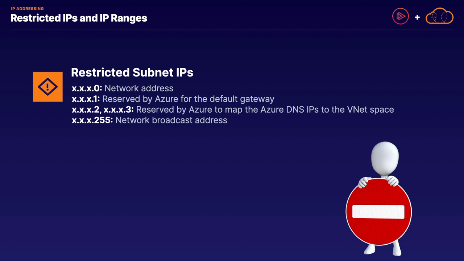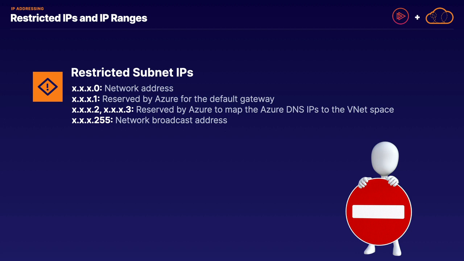For example, in a /24 subnet range, the .0 address is reserved for the network address, .1 is reserved for your default gateway, and .2 and .3 are reserved by Azure to map the Azure DNS IP to the virtual network space. And also be aware that the very last possible IP in that range, in this case .255, is reserved for the network broadcast address.